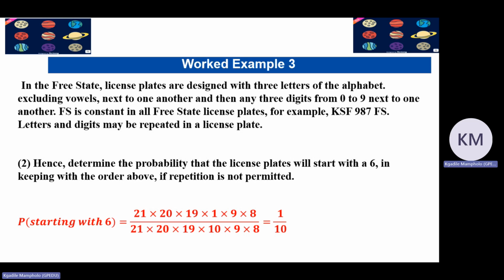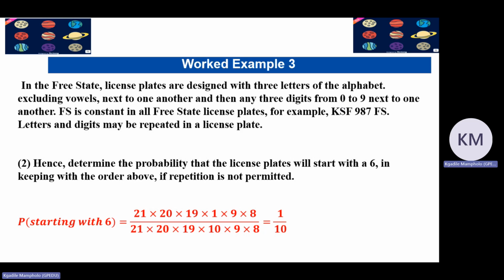So we are calculating the probability. Remember, by probability, you need to determine the totals. So now, if the digits start with a 6, the first number is a 6. So we say 1, because there is only one number that can be at the beginning of the digits. Then from there, you can say times 9, because once you choose 6, and repetition is not allowed, when you choose the second digit, you'll be choosing out of 9.